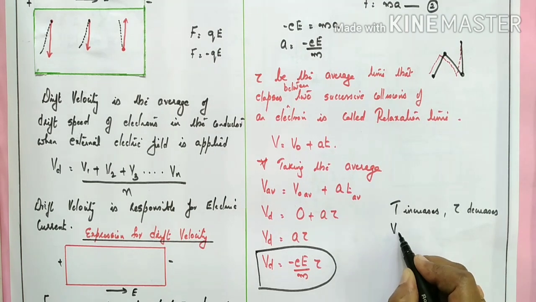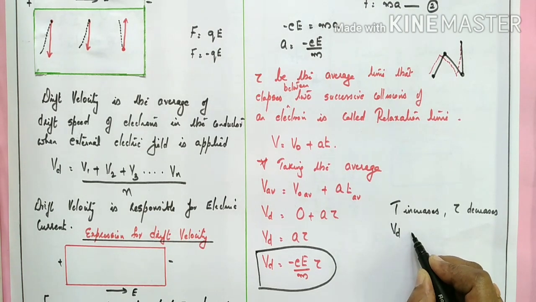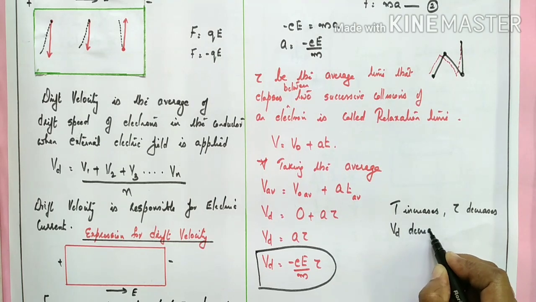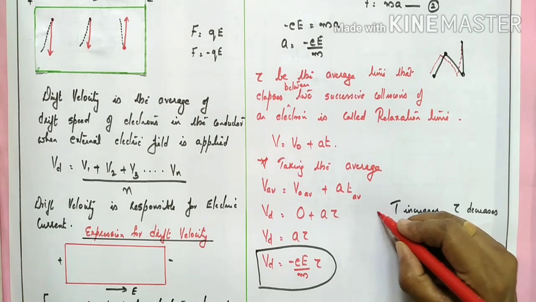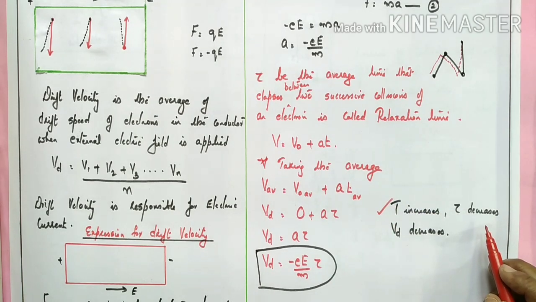And hence what happens to drift velocity? Drift velocity decreases. This is a very important relation.